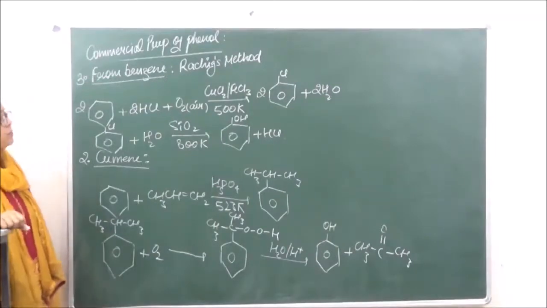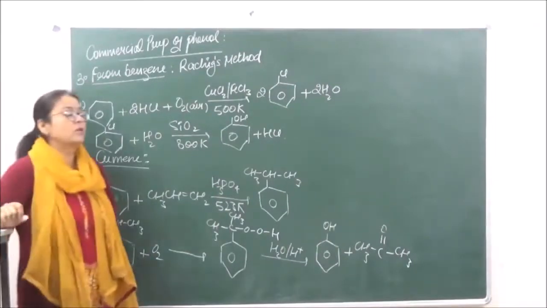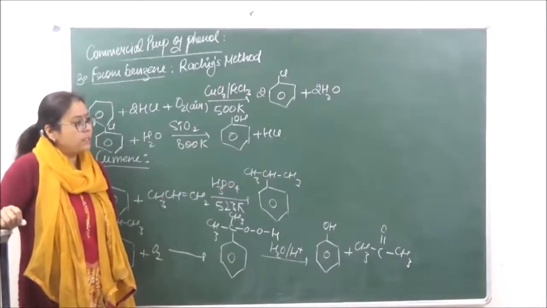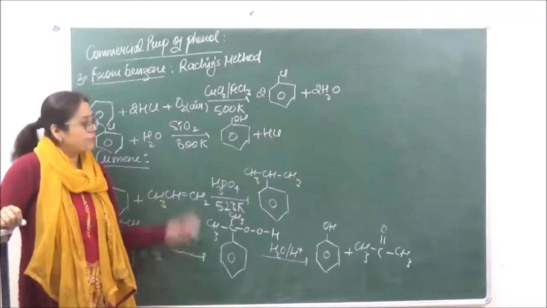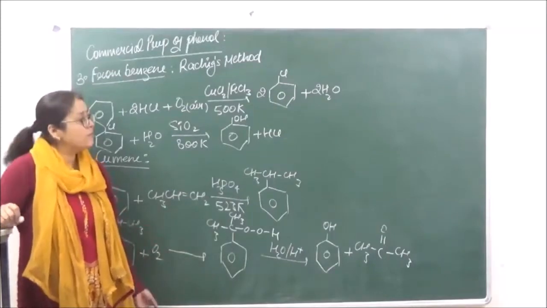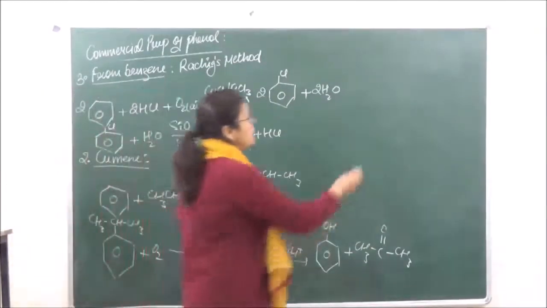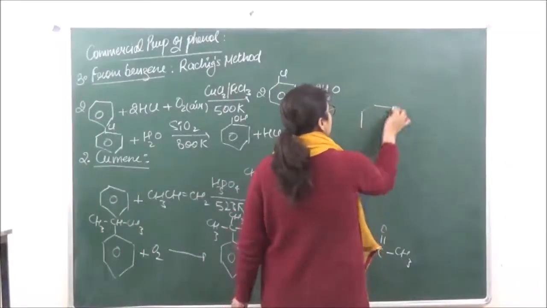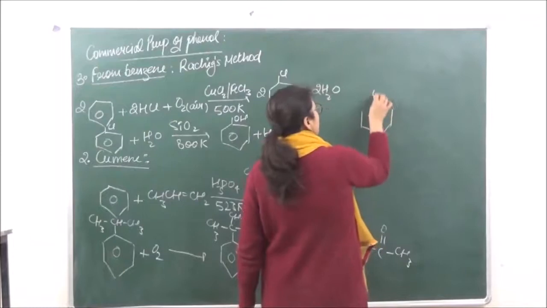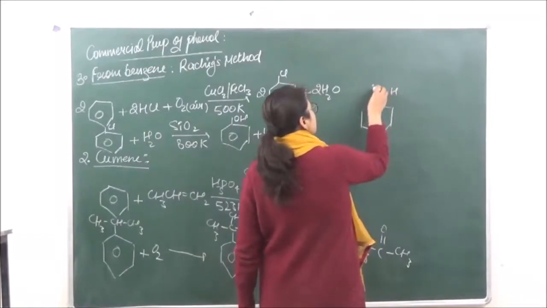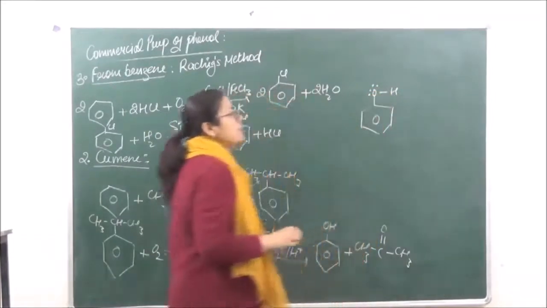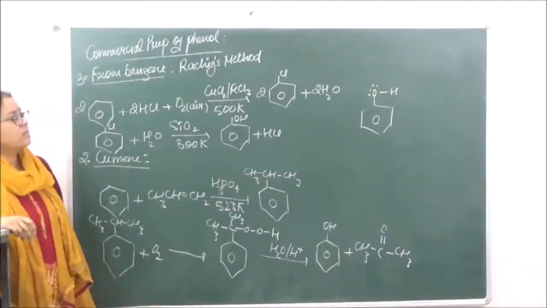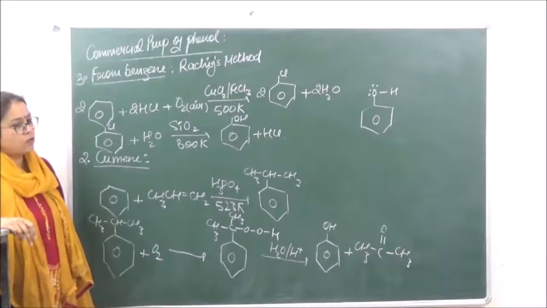Now when we are doing the properties of phenols, one of the common properties is solubility. We will see that when we are doing the resonating structures, or even if you are looking at the structure of phenol, which we have already done, you can see that this is going to be a polar molecule because of the electronegativity difference between oxygen and hydrogen.